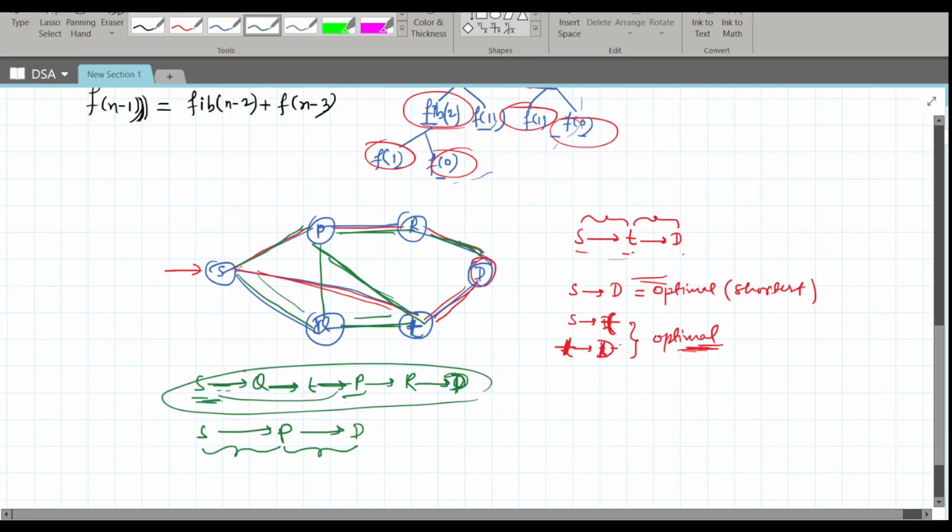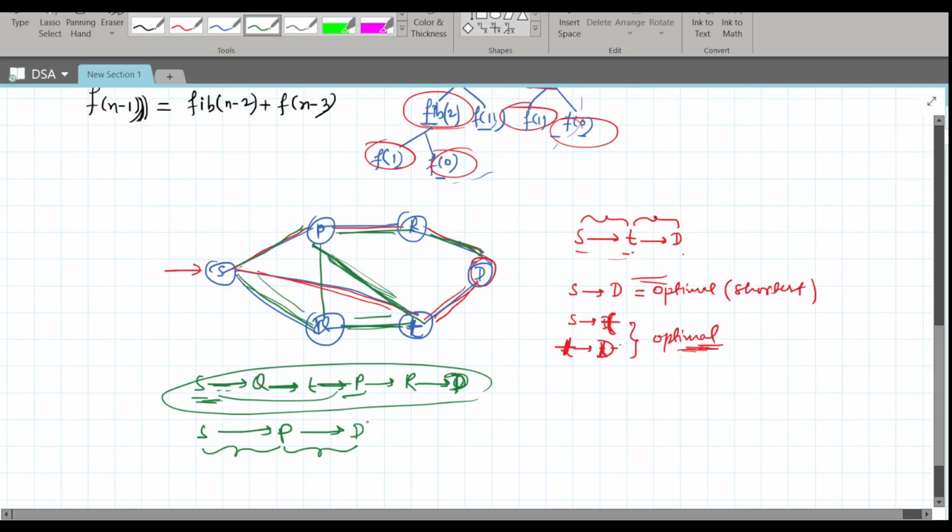The longest path between S to P is S to Q, Q to T, then T to P, same as this.